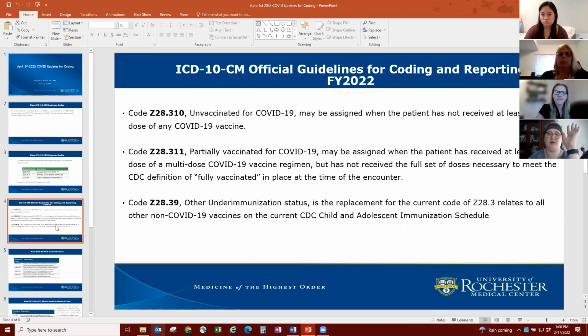Would people who are told by their doctors that they should not be vaccinated fall under this code? Yeah, they'd be unvaccinated then. They'd be the first one. Okay. The ones that we're talking about are the patients who just don't want to tell us or are unable to tell us. We have both of those, you know, a dementia patient or a patient who's unconscious, or a patient who's just stubborn.